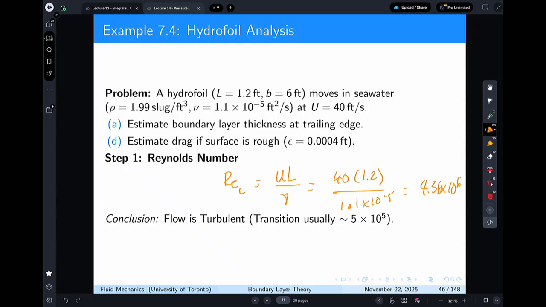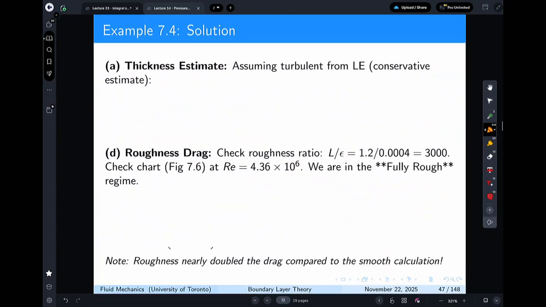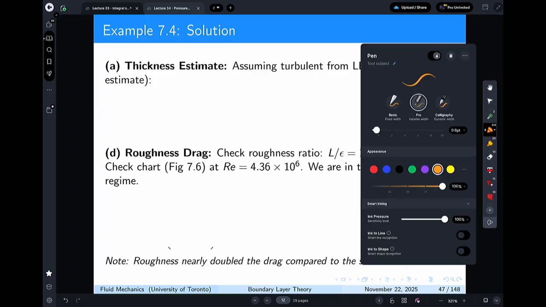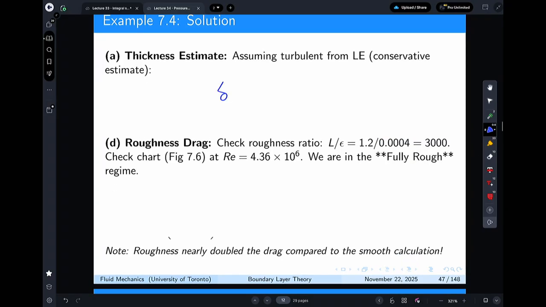Transition, again, usually at 5 times 10 to the 5th. So delta over L, 0.16 over Reynolds number to the 1/7, 0.16, 4.36 times 10 to the 6 to the 1/7, 0.018.